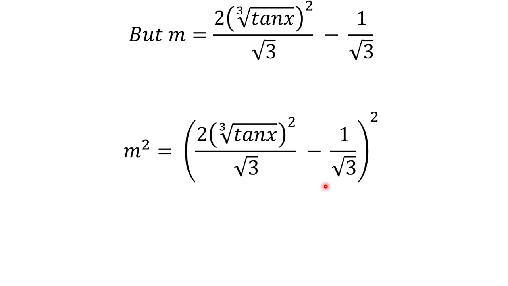Alright, let's expand. Now when you are expanding, remember we have Pascal's triangle, which indicates the value of each power in an expression, how we expand an expression which is being raised to a particular power. Like when you are having a plus b to the power, let's say 2, the numbers involved, that is the coefficients, are 1, 2, 1. If it is 3, 1, 3, 3, 1.